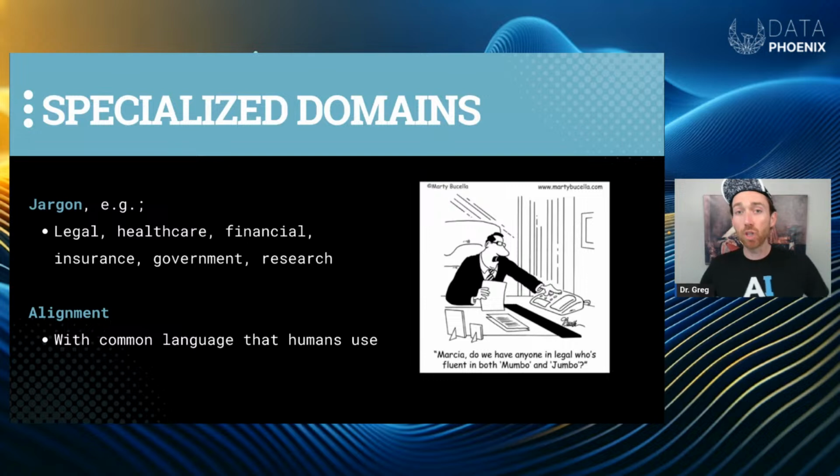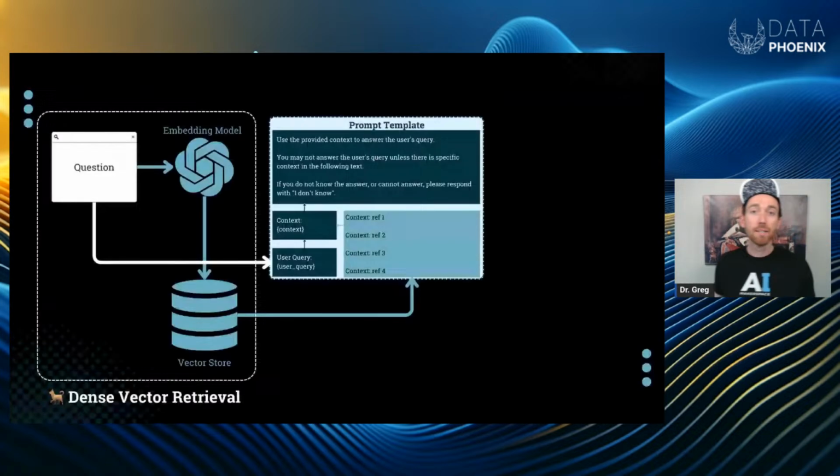For instance, with lots of jargon, like lawyers or doctors or wealth advisors, government acronym soup, researchers at university or in large bureaucracies, there are just tons of specific language to that domain or location that people need to know. And so, it's not unreasonable, if we recall back to this retrieval really driving the quality of generations, to want to do the embedding model first before we get to fine-tuning the chat model.